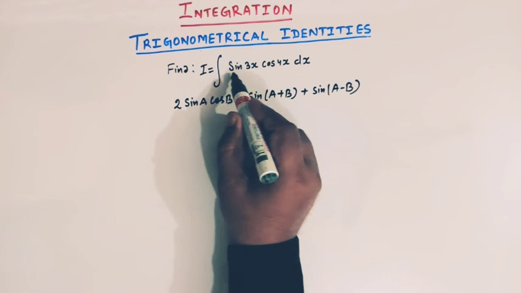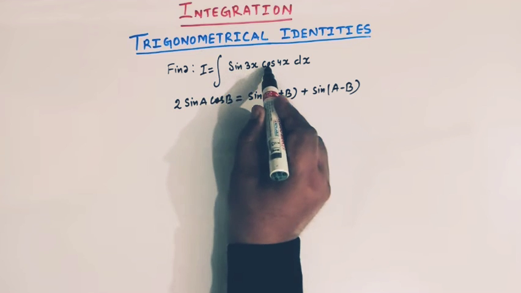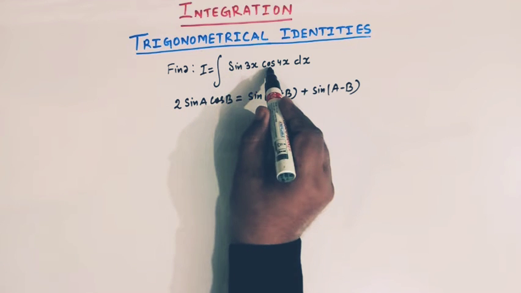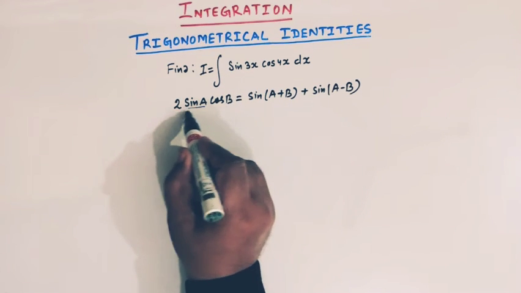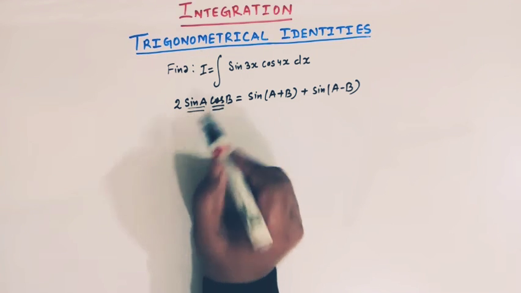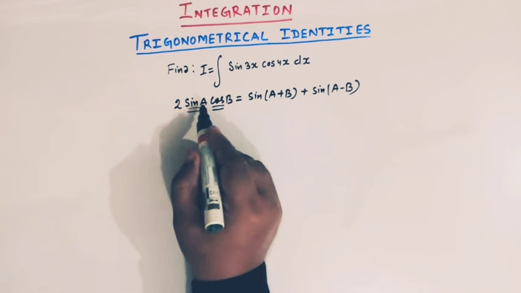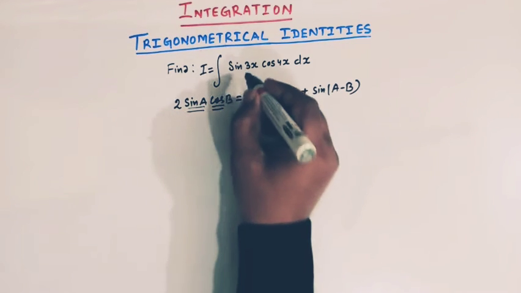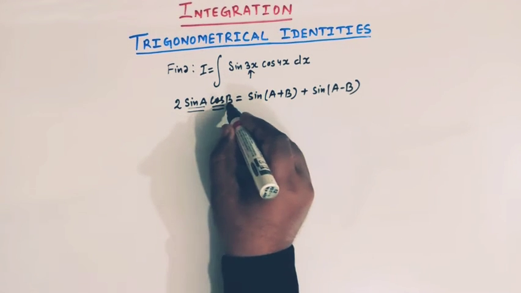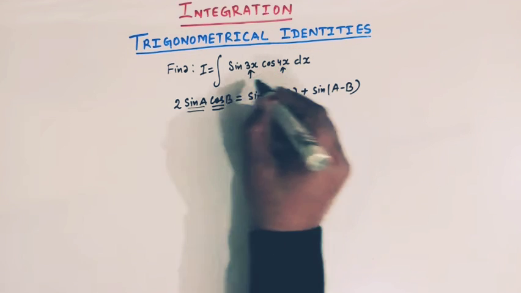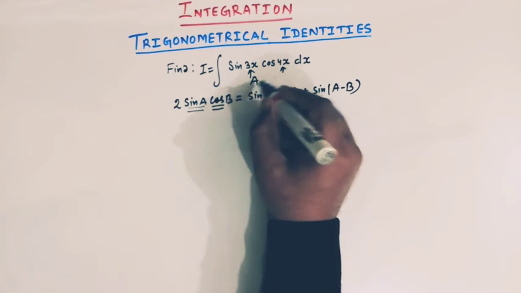Now here see we have the product of sine and cos, right? So here also we have the product of sine and cos, and for angle A we have 3x, and for B we have 4x, right?